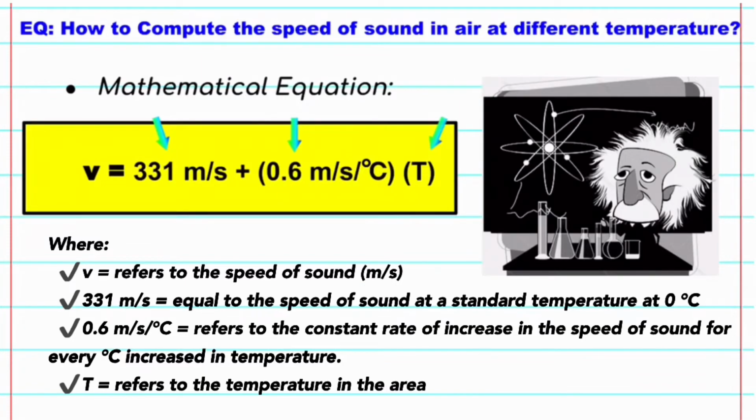So, let's try to compute the speed of sound in air in Puerto Galera using this mathematical equation, where V refers to the speed of sound in meters per second, and 331 meters per second is equal to the speed of sound at standard temperature of 0 degrees Celsius. 0.6 meters per second per degree Celsius refers to the constant rate of increase in the speed of sound for every degree Celsius increase in temperature, and T refers to the temperature in the area. Let's try to answer a sample problem.